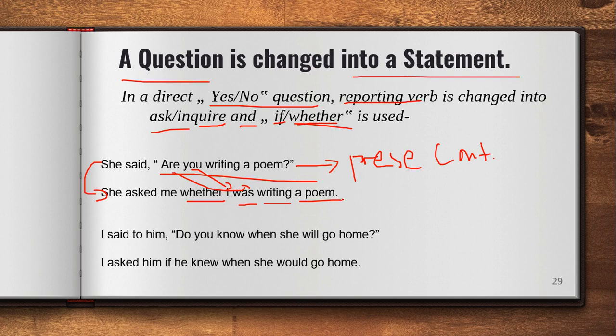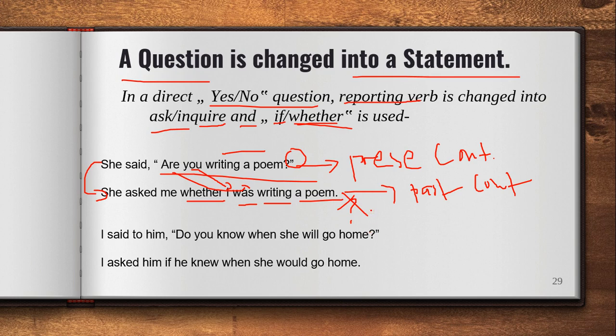Use whether. You becomes I, and when you change it, it changes to the past continuous tense. Remember, guys, the direct one has a question mark, but here it becomes a statement. There is no question mark anymore.